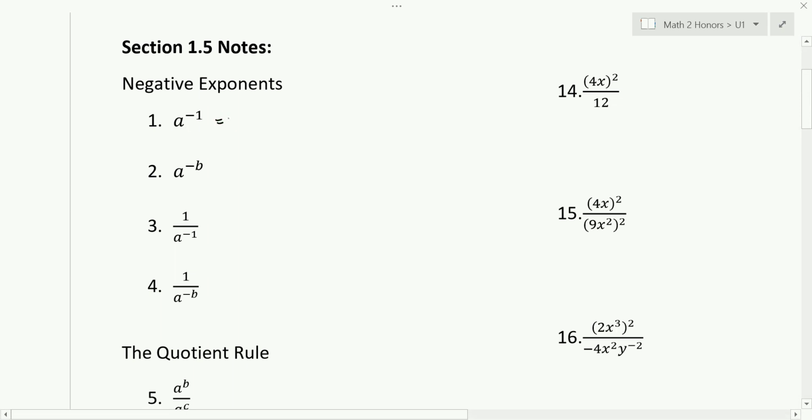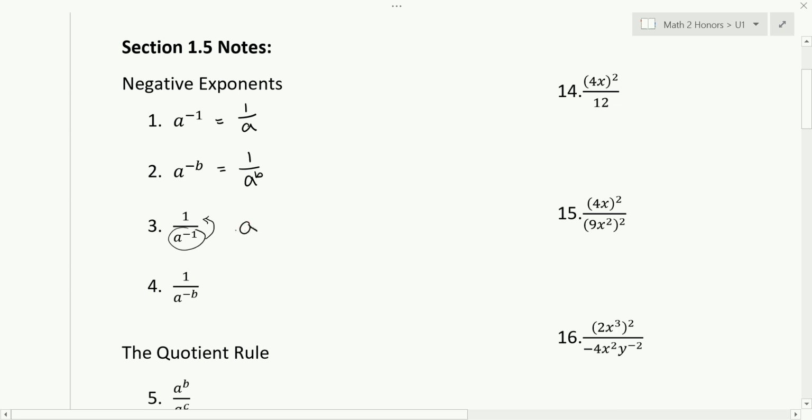A to the negative 1 is the same thing as 1 over a. It's a reciprocal. Or a to the negative b is 1 over a to the power of b. If you have a negative exponent in the denominator of the fraction, 1 over a to the negative 1, in a sense you move it from the denominator to the numerator, and when you make that transition, the exponent becomes positive.